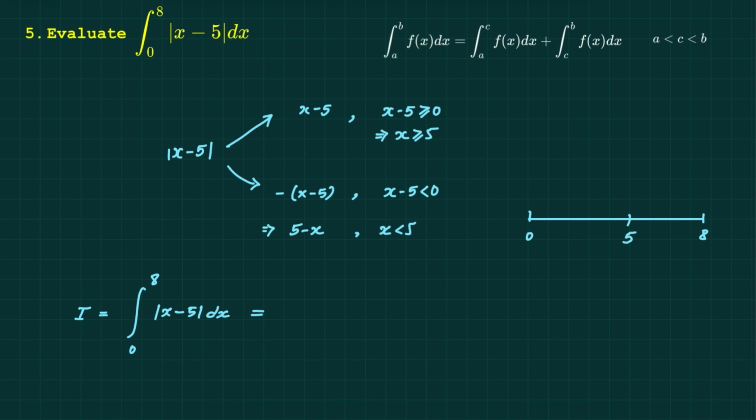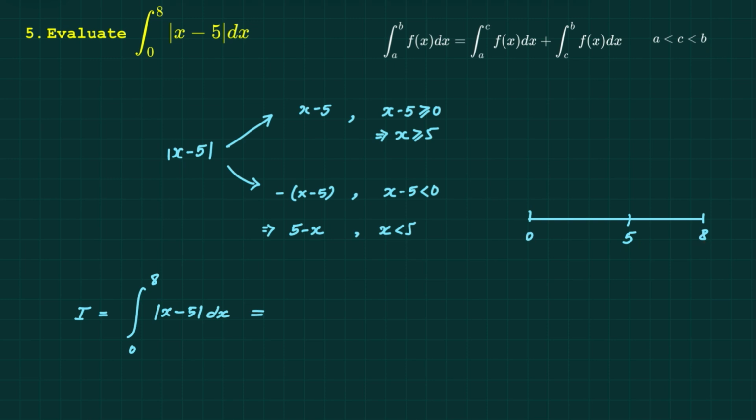First we will integrate from 0 to 5, and after that from 5 to 8, which we can do by this property. But here we have to note that this point C should lie between A and B, and of course 5 lies between 0 and 8.